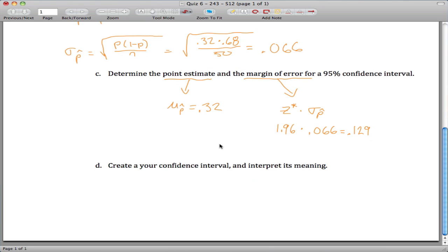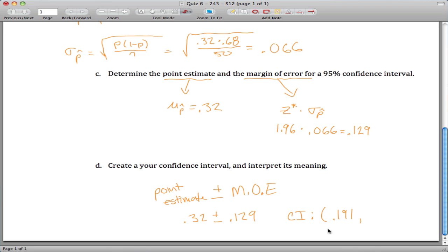All right. Create a confidence interval. Confidence interval is your point estimate plus or minus your margin of error. My point estimate was 0.32. My margin of error is 0.129. So my confidence interval goes from 0.32 minus 0.129, which is 0.191. 32 minus 12 would be 20, minus a little bit more would be 19.1.